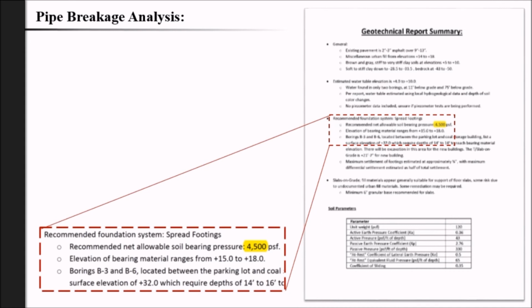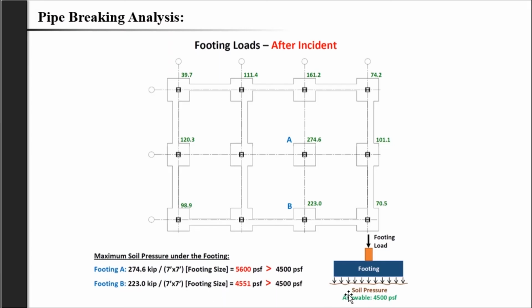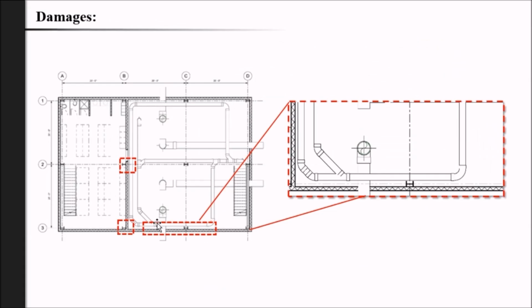When the footing load becomes higher than the allowable soil bearing pressure, as this happened in this case, consequently, we expect footing settlement under columns A and B, leading to the pipe breakage in the pipe room, which was leaned to the column B.